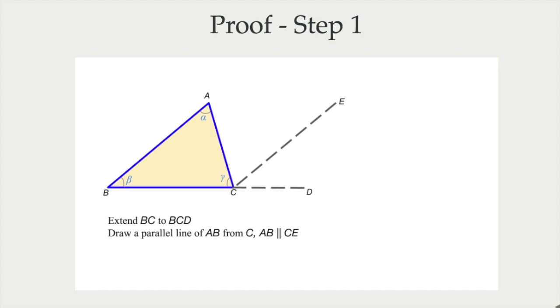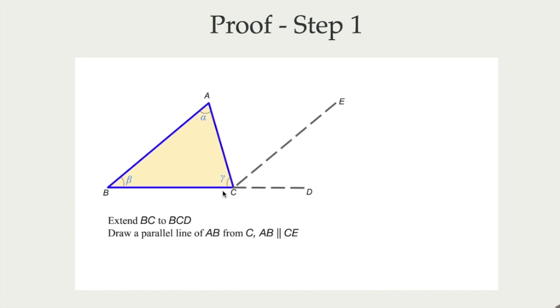In geometry, a lot of times we use tricks by, for example, extending or adding some constructions to show the proof. In this case, we are extending the segment BC of this triangle to BCD. BD is a straight line.